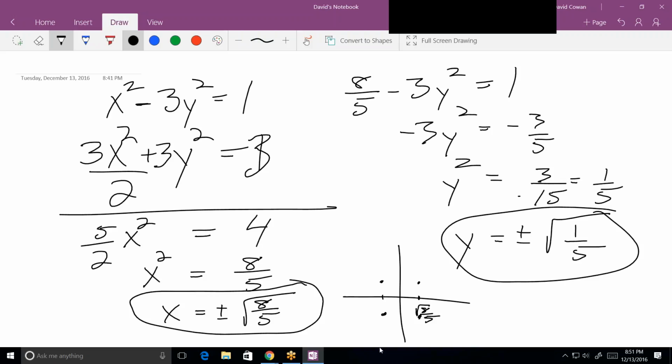So what this tells me is that I have a hyperbola that goes through both of those points, and I have the ellipse going through both of those points also.